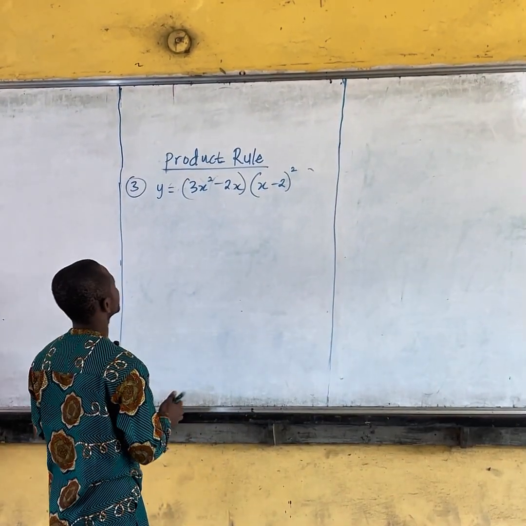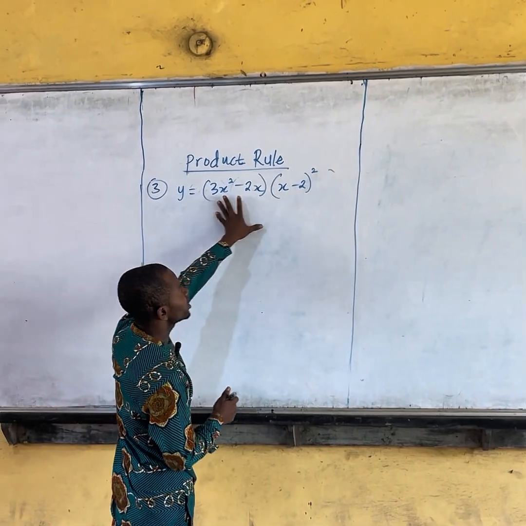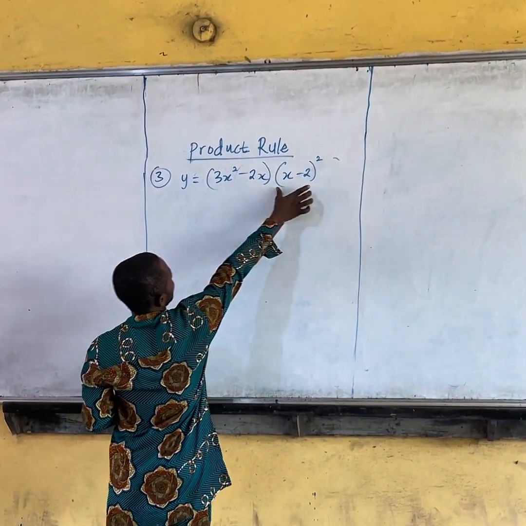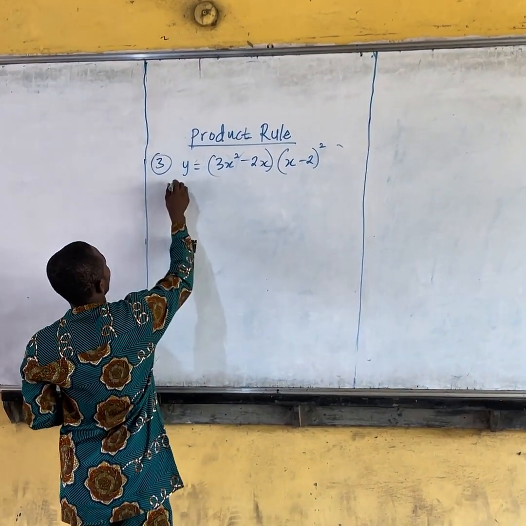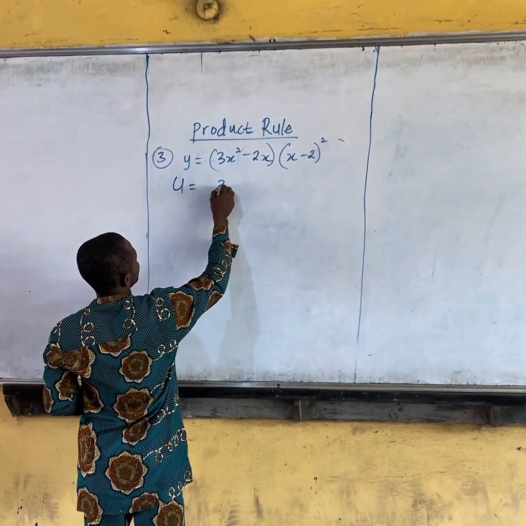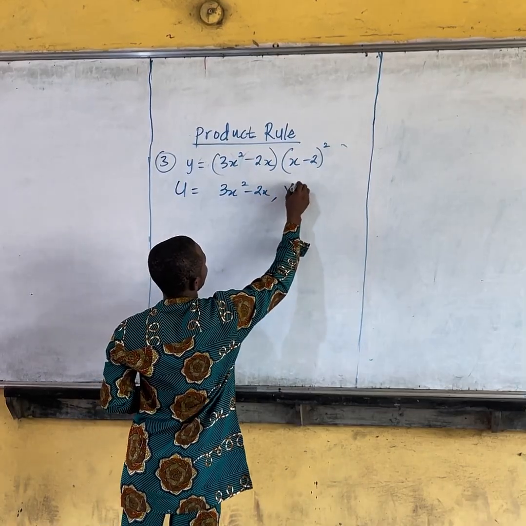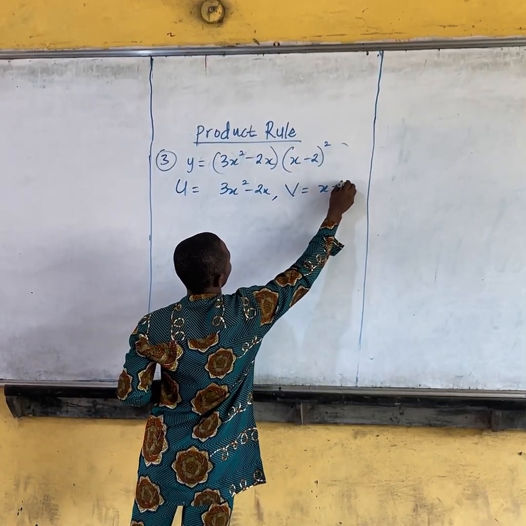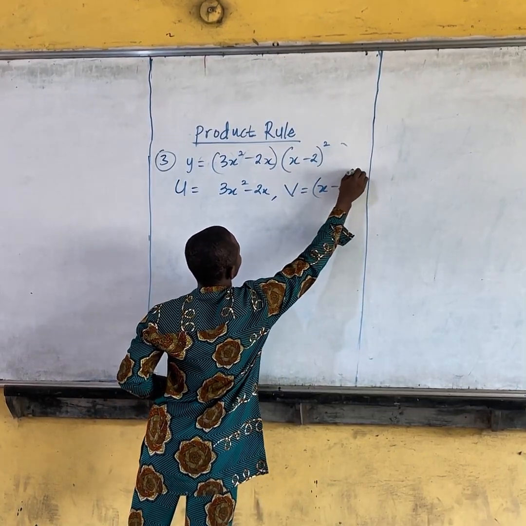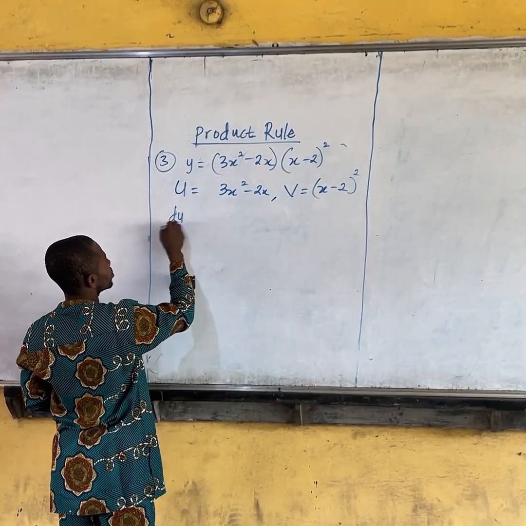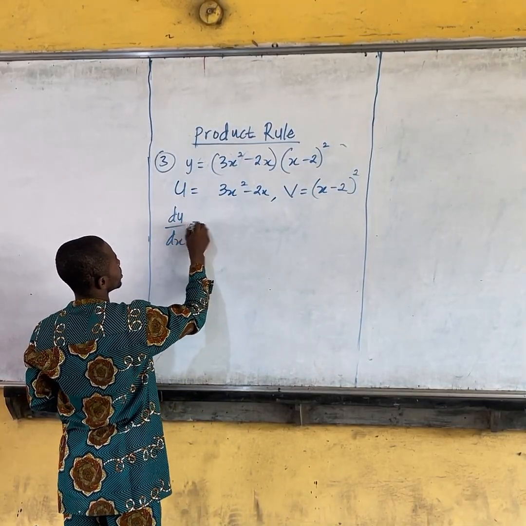For question 3, we are given y equal to this, as you can see. Now, this is a function of x. So our u is 3x squared minus 2x. And our v is x minus 2 all squared. Using product rule, you have to generate du over dx from here.